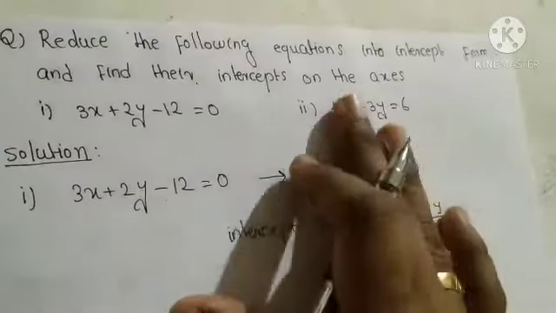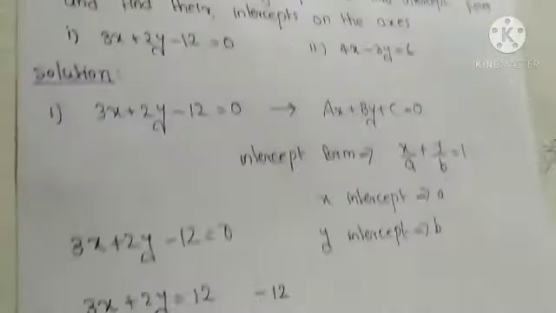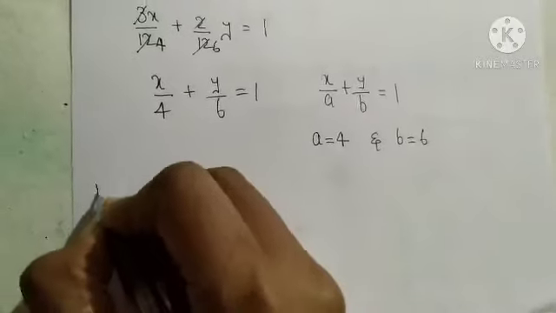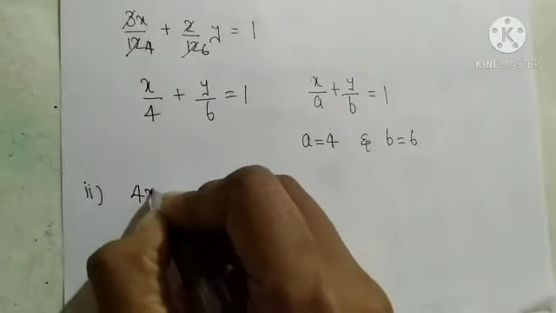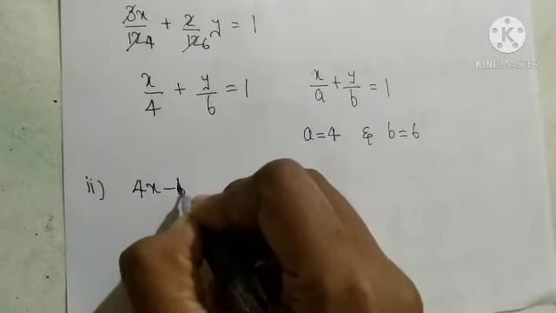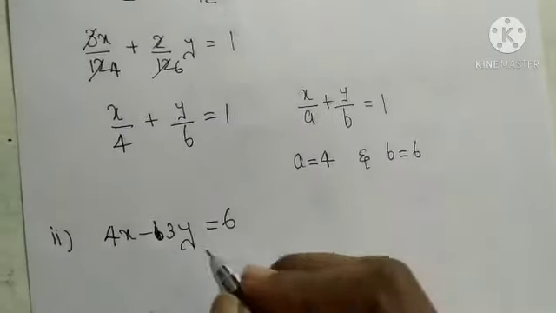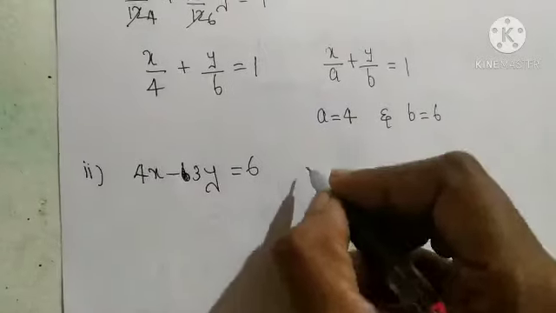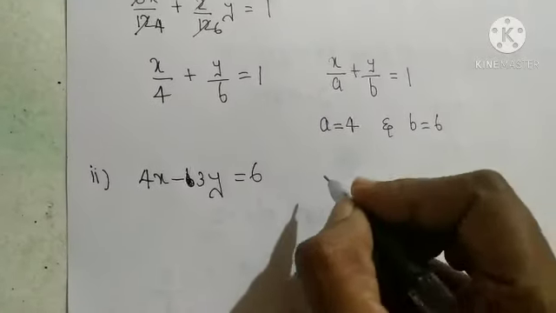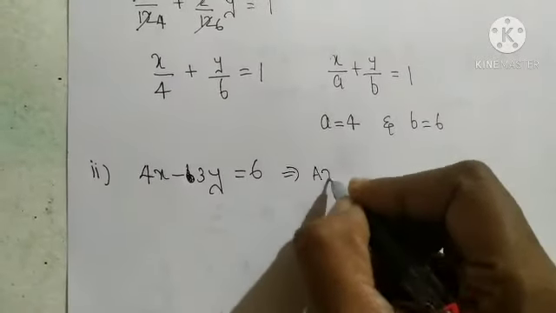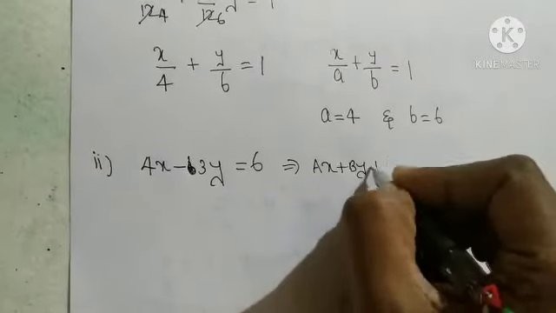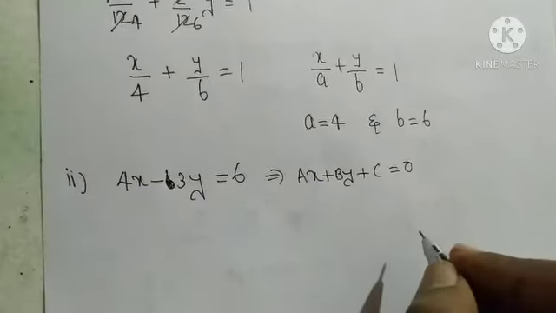Moving to the second question, 4x minus 3y equal to 6. So this is again in the form of general equation of a line, ax plus by plus c equal to 0. Right.